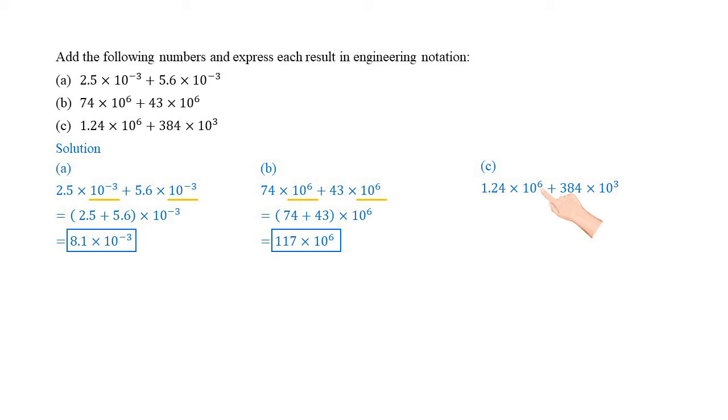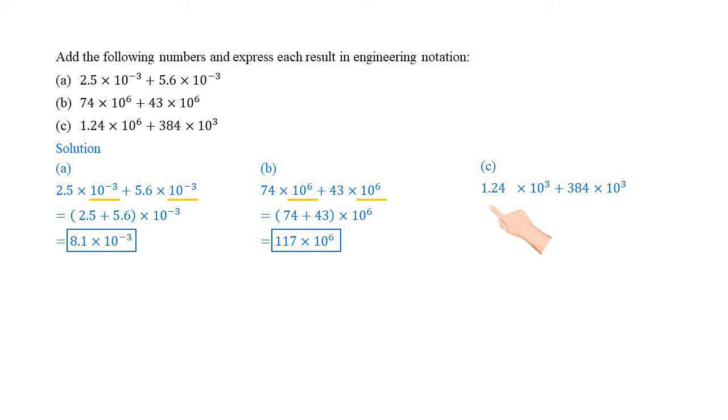I changed that 6 to 3. To change it here to 3, we need to move the decimal point. So the value needs to stay the same. Since we reduce the exponent from 6 to 3, the base of 10 portion is decreased.